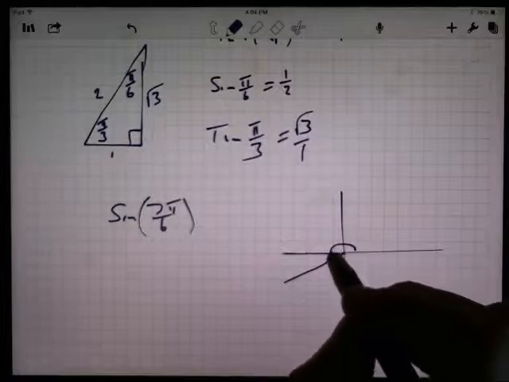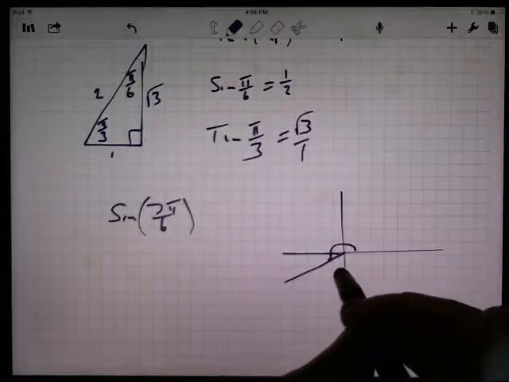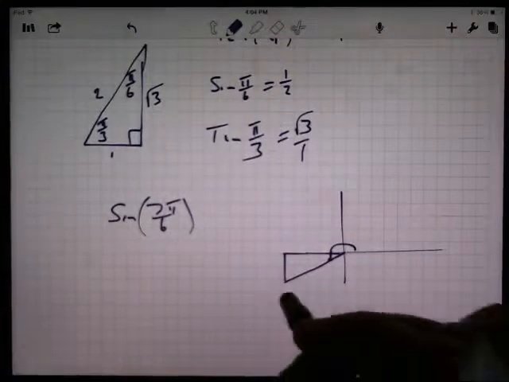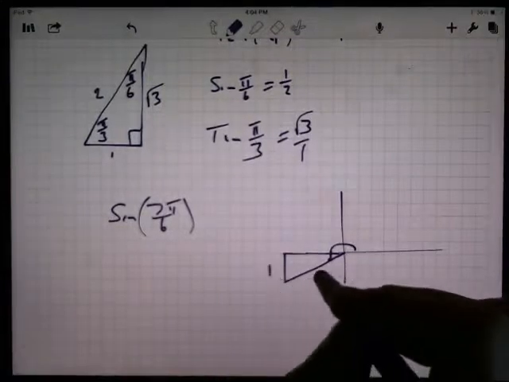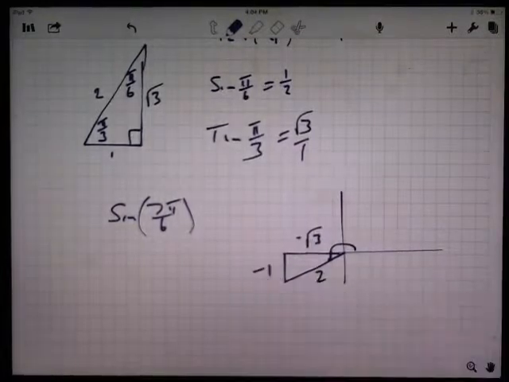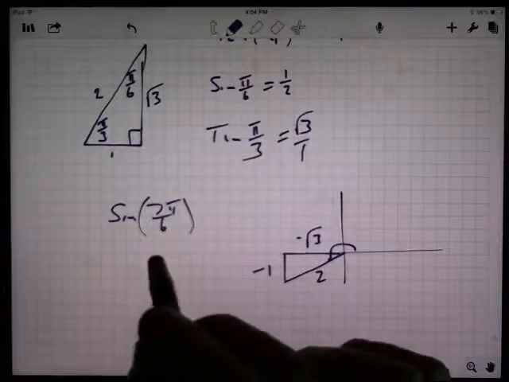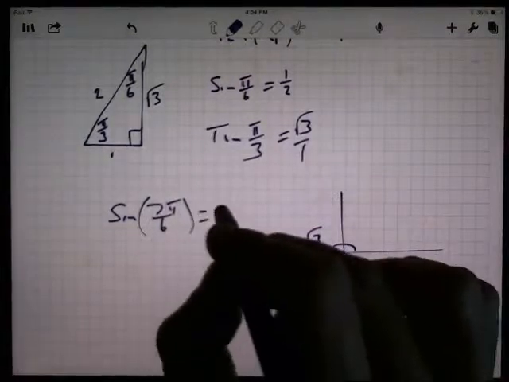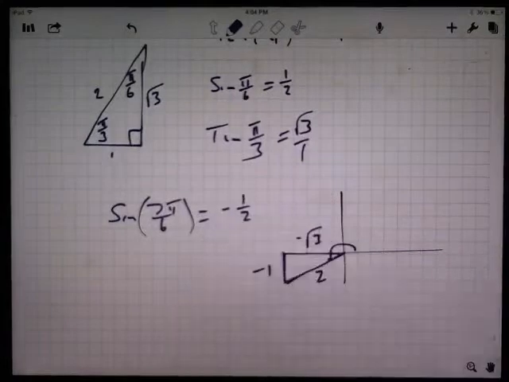That's the half turn. Then you need another pi over 6 for 7 pi over 6. So you're talking about being pi over 6 down into the third quadrant. Well, hey, we've got a 1, 2, square root of 3 triangle in here. I'm in the third quadrant, so I want to make both the x and the y coordinates negative. So the sine is going to be the y coordinate over the hypotenuse, minus 1 over 2.